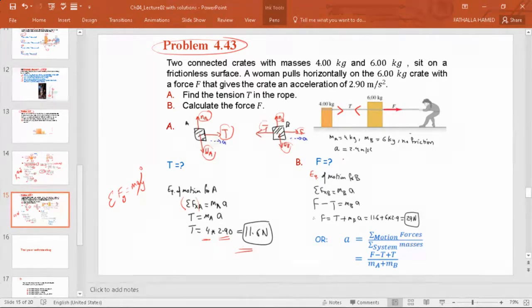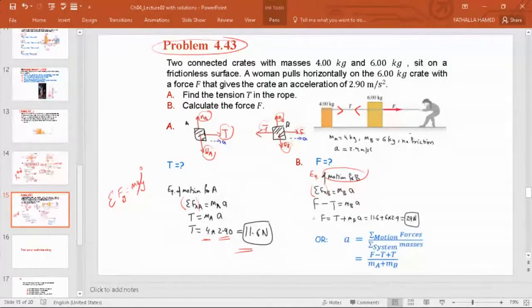For B, if you look at your equation of motion, the net force along x on B will equal M B a. And you have F going along the positive x-axis. The tension is going along the negative, so it's F minus T should equal M B a.